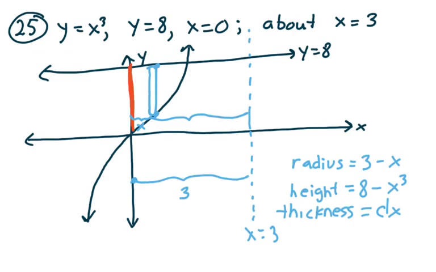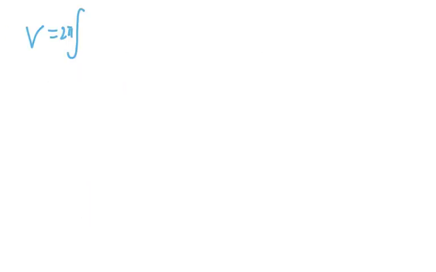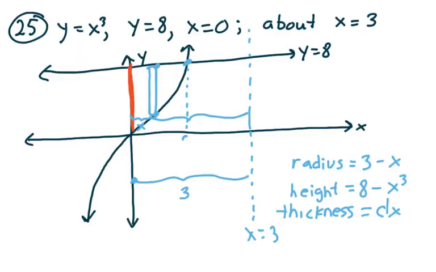So the volume is going to be the integral with 2 pi on the outside, right? And we need to figure out where y equals x cubed and y equals 8 intersect. To do that, I'm going to set x cubed equal to 8, and so x equals 2.